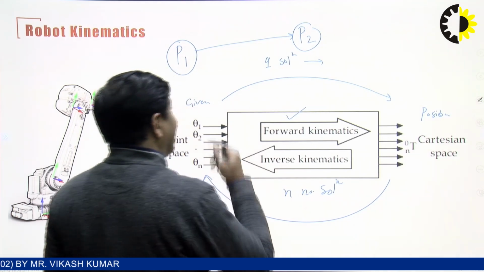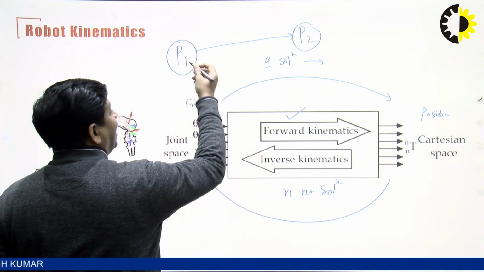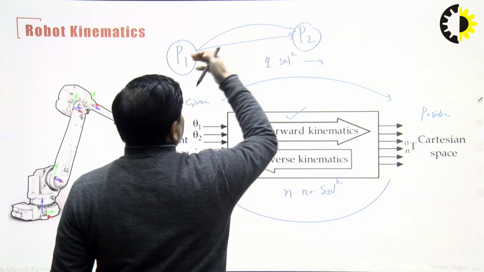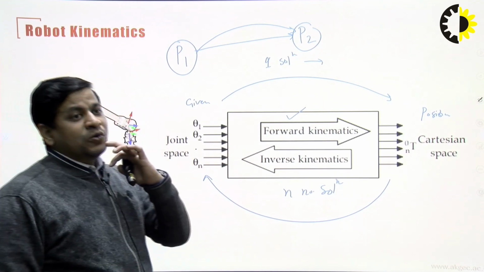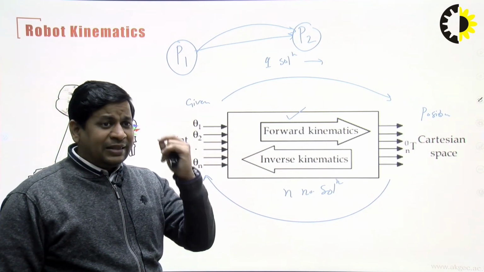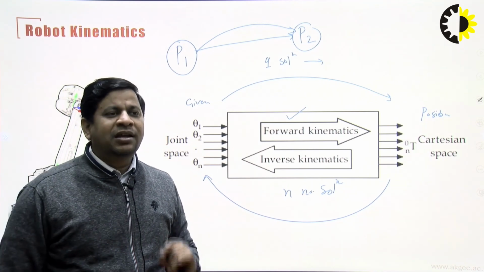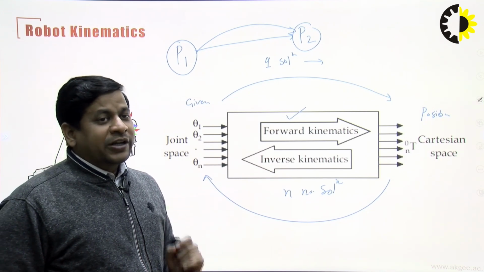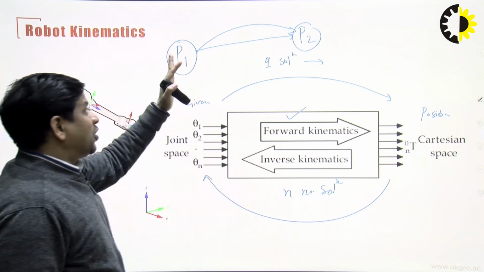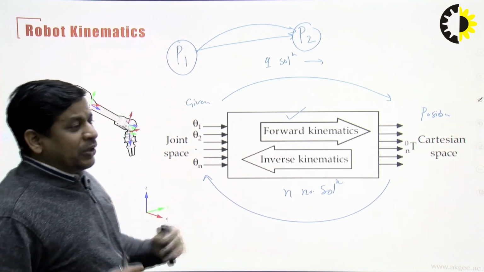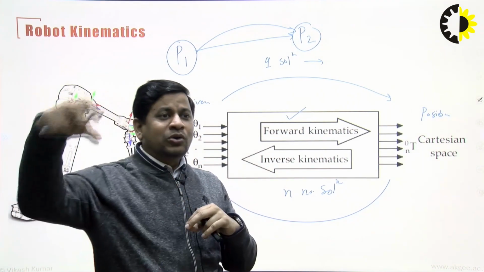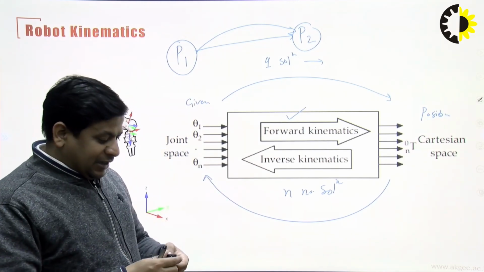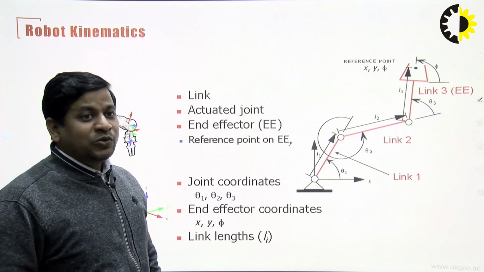So, the robot will try to optimize those solutions and come up with one solution so that it can follow at least a path between point 1 to point 2. But there are certain conditions, mainly 3 conditions, where our robot is going to get confused while we are operating it in space, on how it should move from the current location to the target location because of so many solutions, and that is the place where singularity comes into the picture.